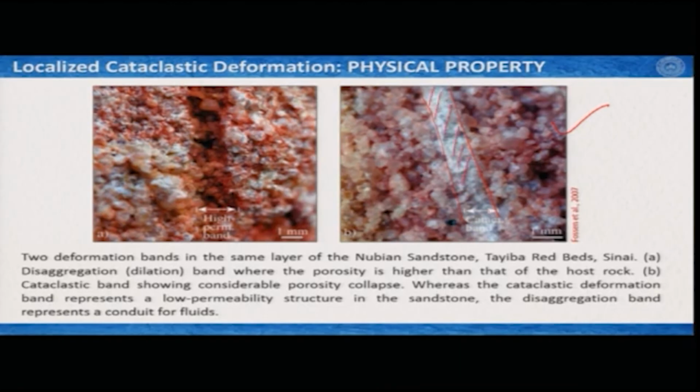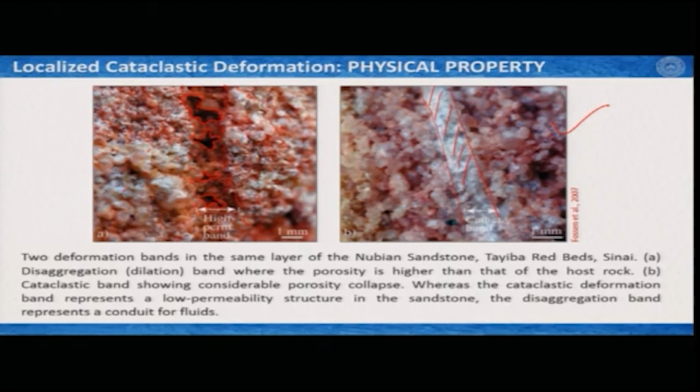However, in this exposure the rocks are a little compacted compared to this, but in this deformation band that we see here, you can see large openings, at least from the field photograph. We hardly see these openings outside.